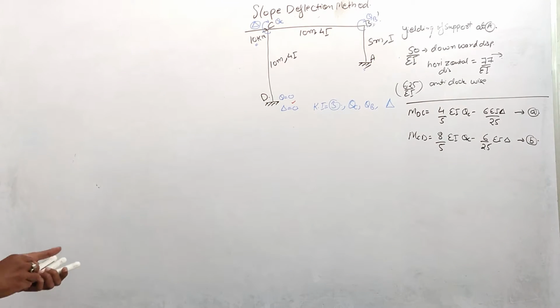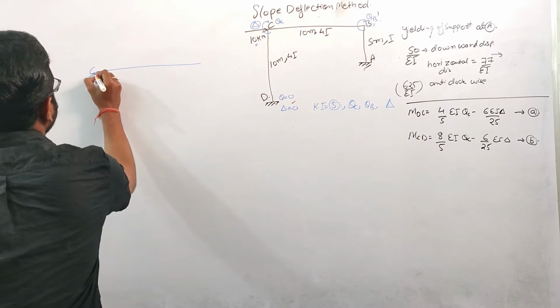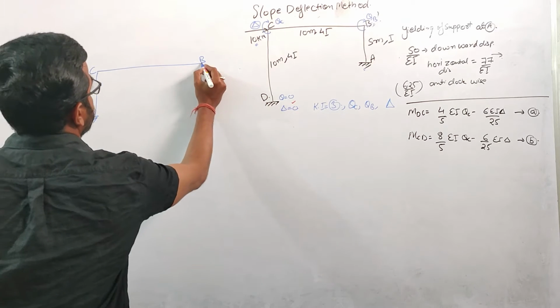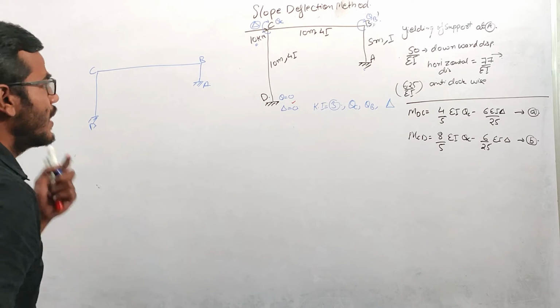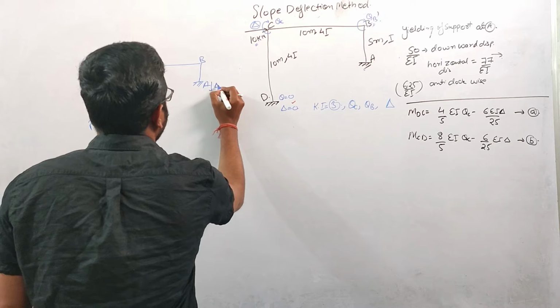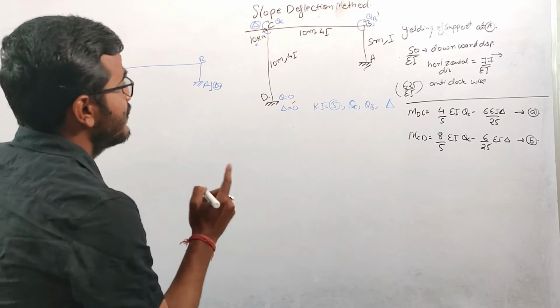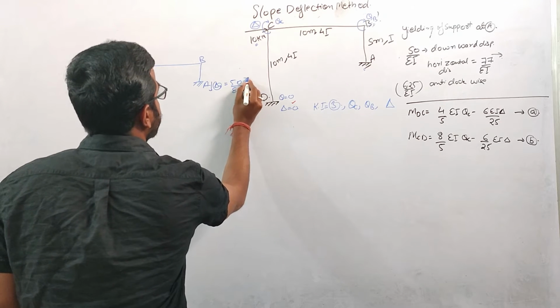Now let us come to this member CB. So if you look carefully at CB, this is C, this is B, and this is A and D. Now you can see that this A support is sinking by some delta amount, let us suppose this is delta dash, and this delta dash value is given to us, which is nothing but 50 over EI.